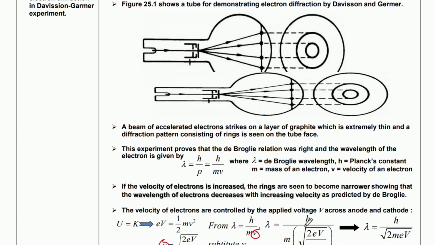Lambda equal to h over m square root 2eV over m. Dan bila kita dah modify, dia akan jadi lambda equal to h over square root 2meV. Okay. So lambda ni de Broglie wavelength lah.